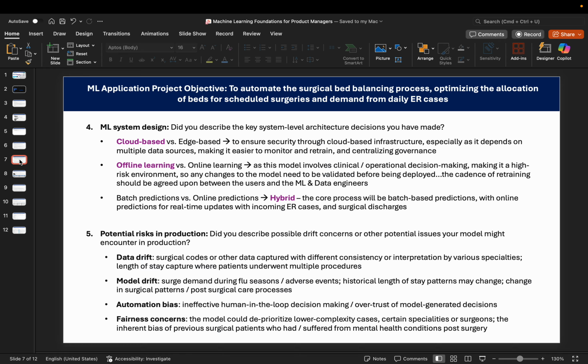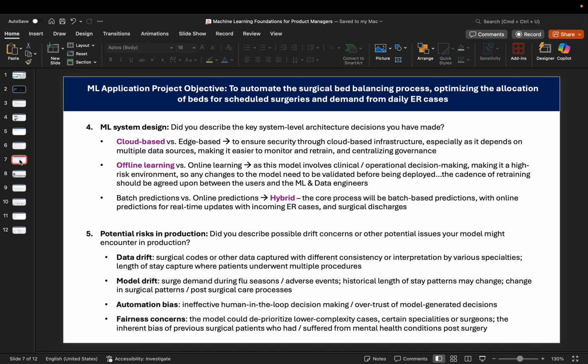Historical length of stay patterns might change in surgical patterns or post-surgical care processes can change the length of stay. There can also be automation bias, so ineffective human-in-the-loop decision-making or over-trust in the model-generated decisions, resulting in not using the human intervention from the user.